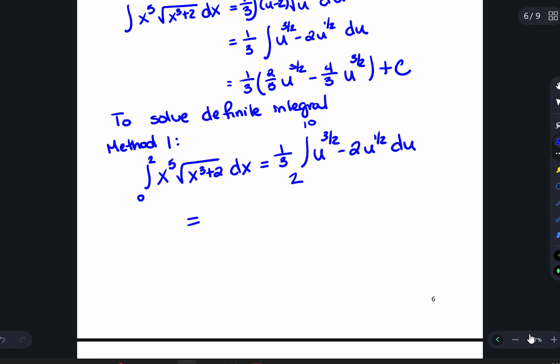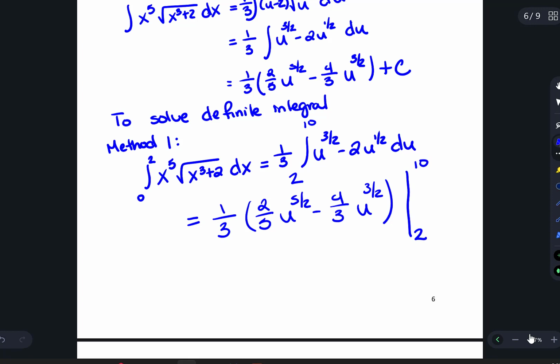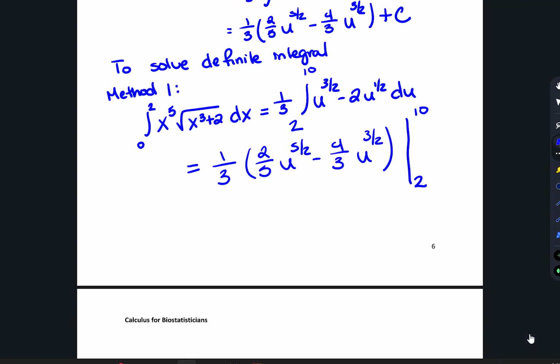Since we already solved the indefinite integral, we know that this is equal to 1/3 times 2/5 u to the 5/2 minus 4/3 u to the 3/2. And now we're going to evaluate this from 2 to 10. Remember that we saw this notation just briefly in the last set of notes, and what this means is we're going to substitute 10 in for u, and then also substitute in 2 for u, and subtract off the substitution with 2 from the substitution with 10.